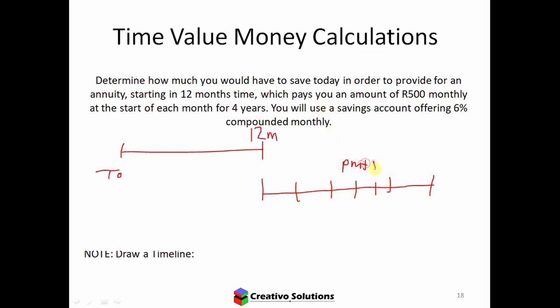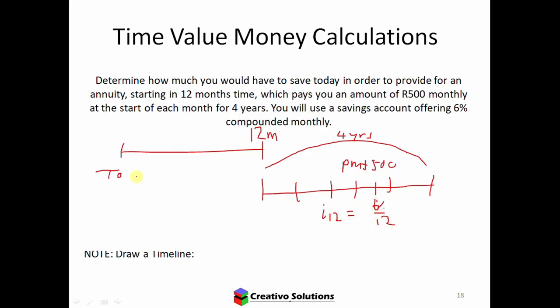PMT is 500 Rand for a period of 4 years, using a rate of 6% compounded monthly. So I12 would be 6% divided by 12.